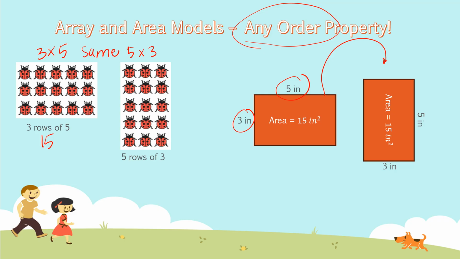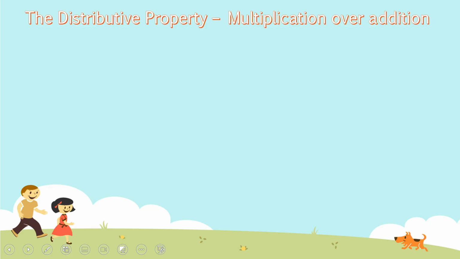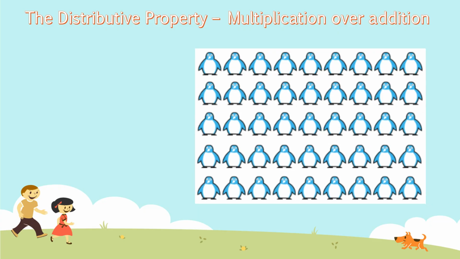All right, now the one property that is really awesome, and it's being used to create many other strategies for multiplication, is called the distributive property. And how do you know the distributive property? It's multiplication over addition. Here is what I mean by that.